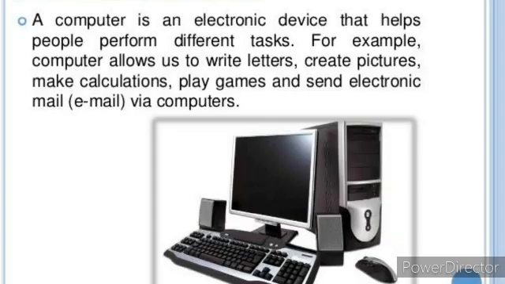A computer is an electronic device that helps people perform different tasks. For example, a computer allows us to write letters, create pictures, make calculations, play games, and send electronic mail, email, via computers.